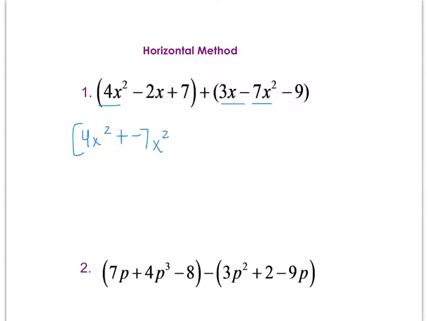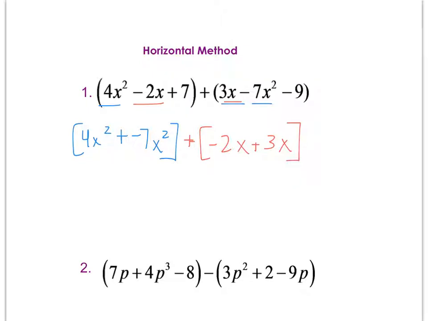And I'll write these terms alike horizontally, so right next to each other. And then I'll add to that, because I'm adding here, would be my x terms, which would be negative 2x plus 3x.